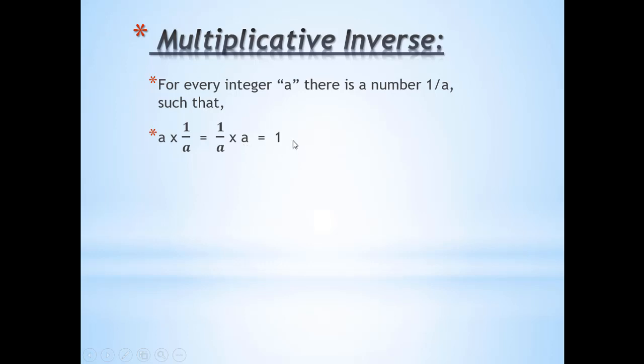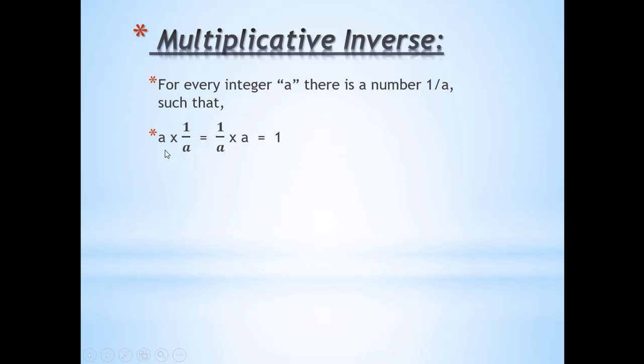In other words, any two values which, when multiplied by each other, give us the answer 1 are called the multiplicative inverse of each other. Secondly, we can also define the multiplicative inverse as the value whose position changes. That means the numerator will become the denominator and the denominator will become the numerator.